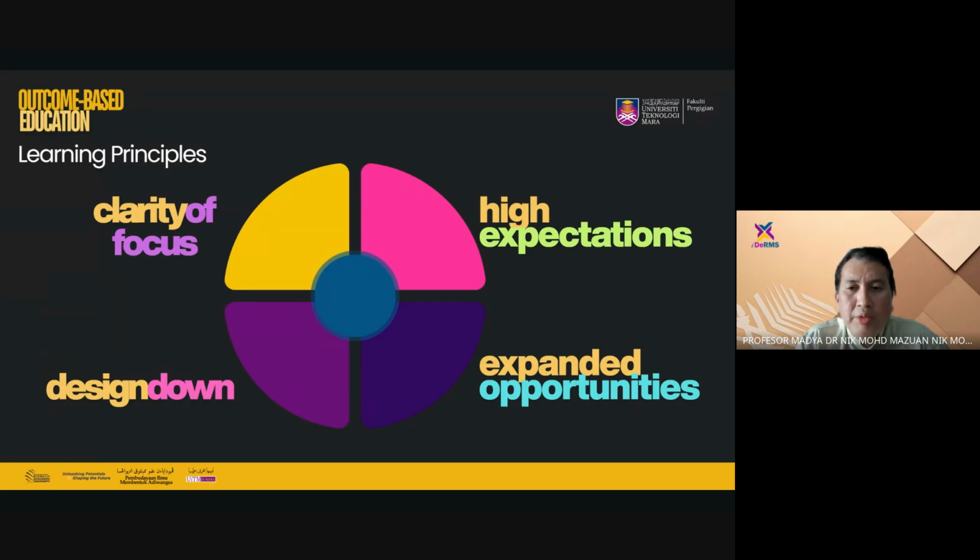Some students want to reach only the minimum level of the outcome or result, for example, they just want to reach C. C is the lowest before the fail, right? So how do we encourage them to move further up, not just C?